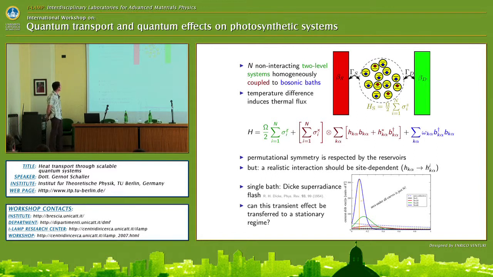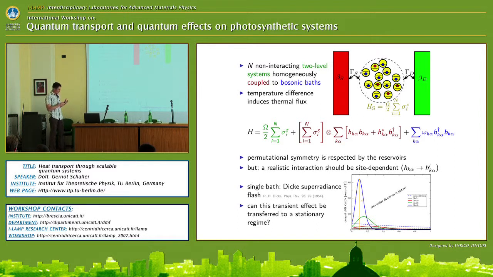Okay, one model is very well known, if you only consider one path. It's called the decay model, and it consists of a number of two-level systems trapped in a cavity.